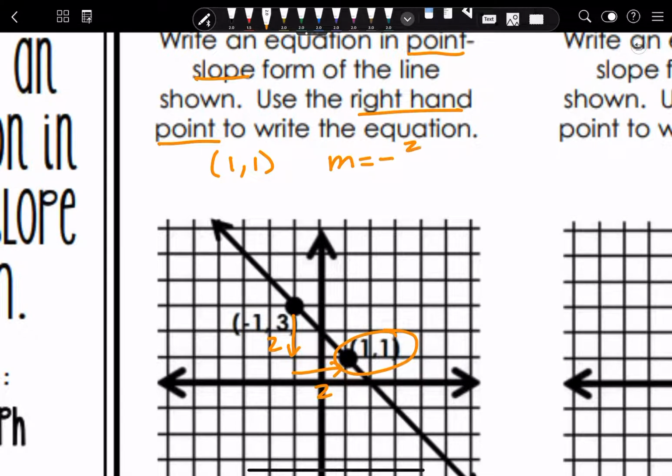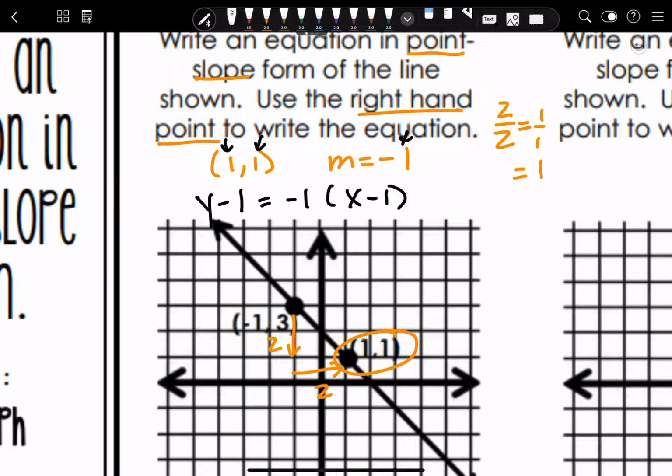Well, 2/2 simplifies to 1/1, which is really just 1. Now all you're going to have to do is drop it in. So y minus y1 equals m times x minus x1.